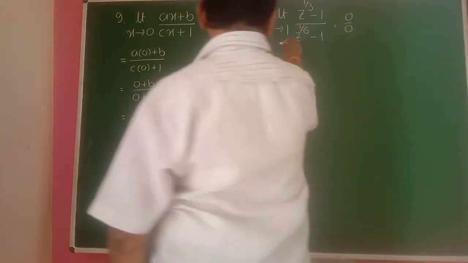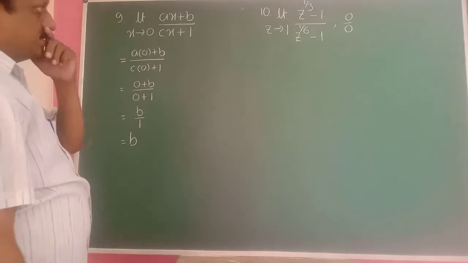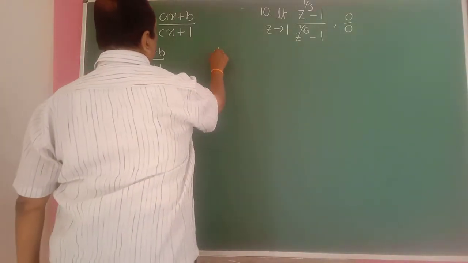Here, dividing numerator and denominator by z minus 1.